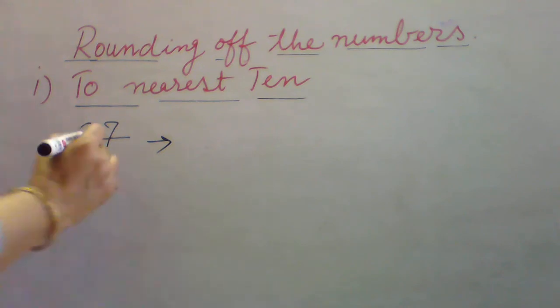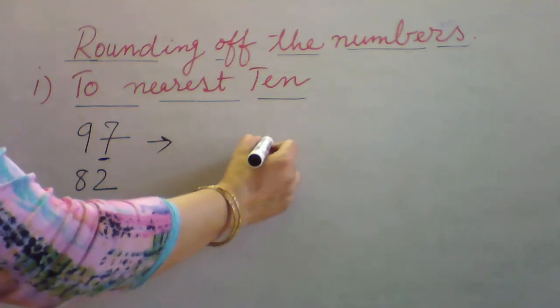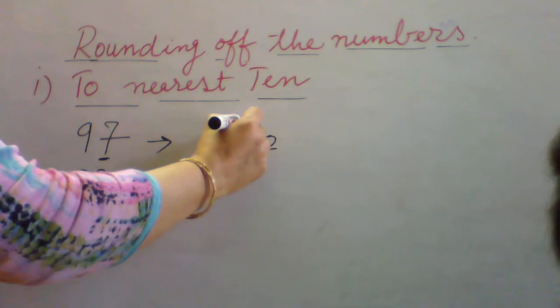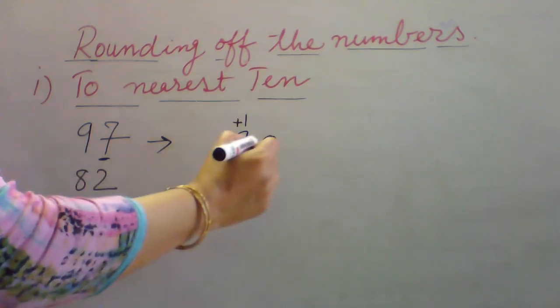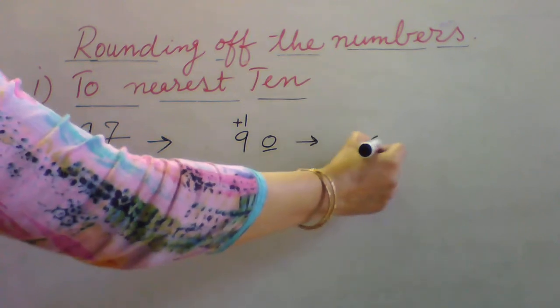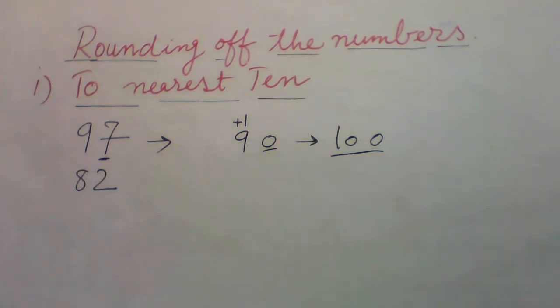In this case, we will check the 7. 7 is greater than 5. So in place of 7 we will write 0 and we will add 1 to 9. 9 plus 1 is 10. So 97 will become 100.